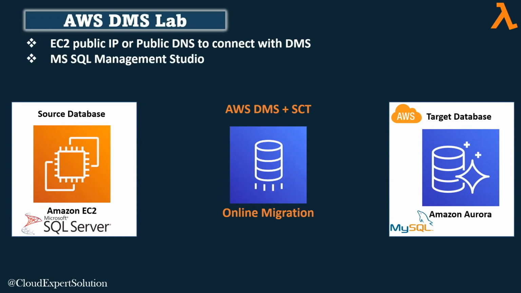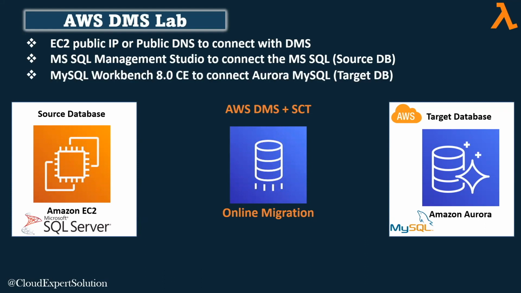Then we are going to use Microsoft SQL Server Management Studio to connect to the MS SQL database, the source database. You can use the same thing in your on-premise database. We are going to use MySQL Workbench 8.0 CE version to connect to the Aurora MySQL target DB. Again, it is not specific to any AWS tool.